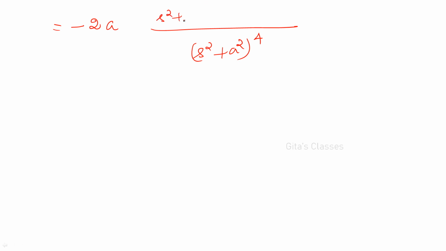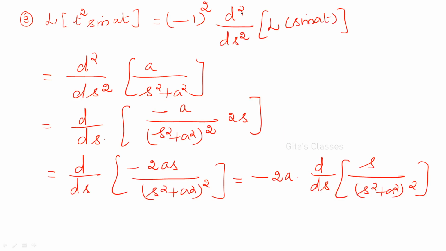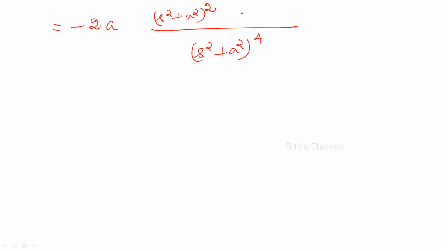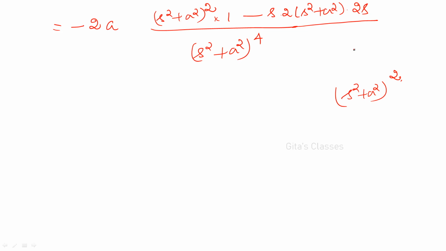So here s squared plus a squared the whole squared is there in the denominator, so that is our v. So s squared plus a squared the whole squared into, numerator is s, so 1, minus of s into, differentiate this. Here you have s squared plus a squared, denominator you have s squared plus a squared the whole squared. So 2 into s squared plus a squared into 2s again. Okay, s squared if you differentiate, 2s.